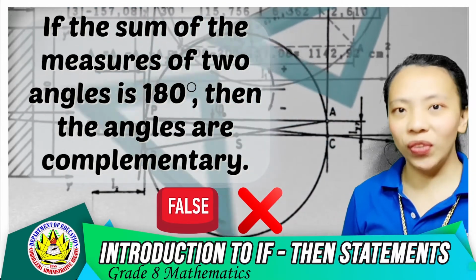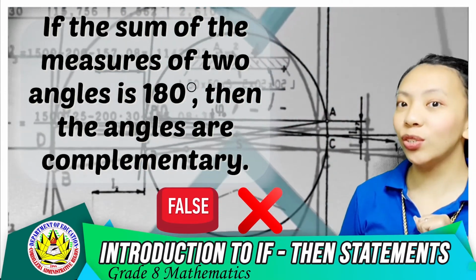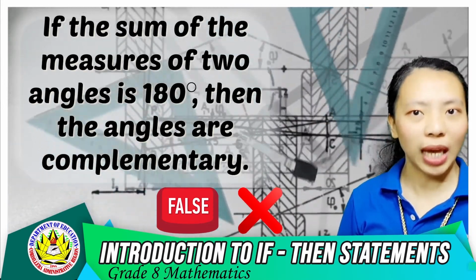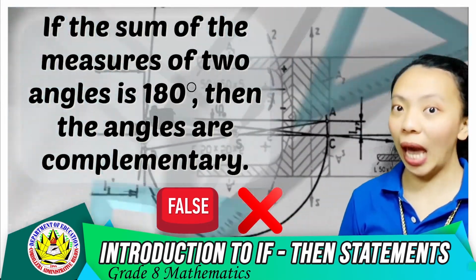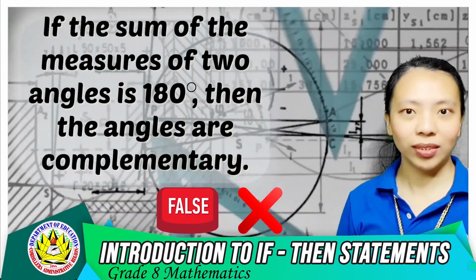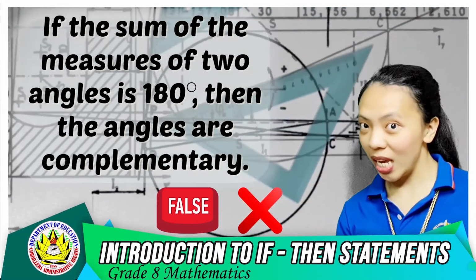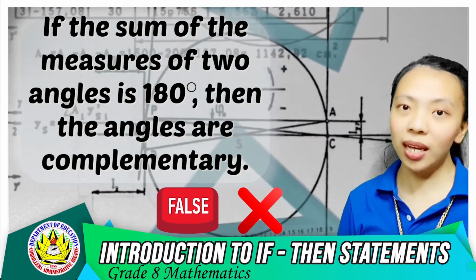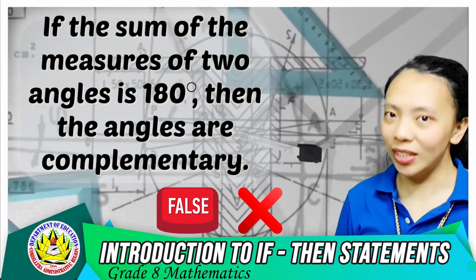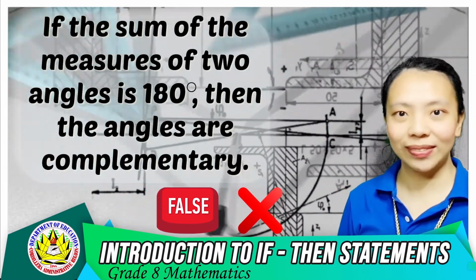Take note that if the sum of the measures of two angles is 180 degrees, the angles are called supplementary angles. We say complementary if the sum of their measures is 90 degrees.